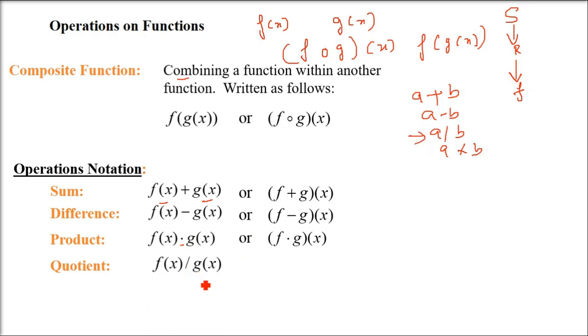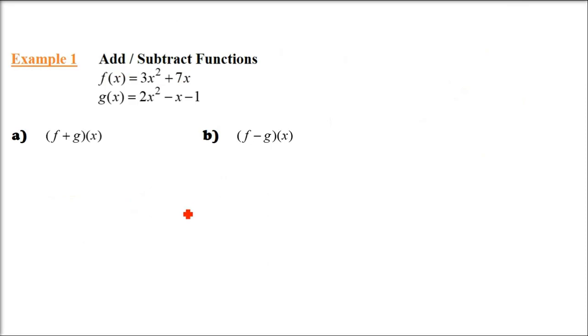Quotient is division: f(x) divided by g(x) or (f/g)(x). Composite functions means, within another function we are putting another function. Operation of functions will give you a single expression.